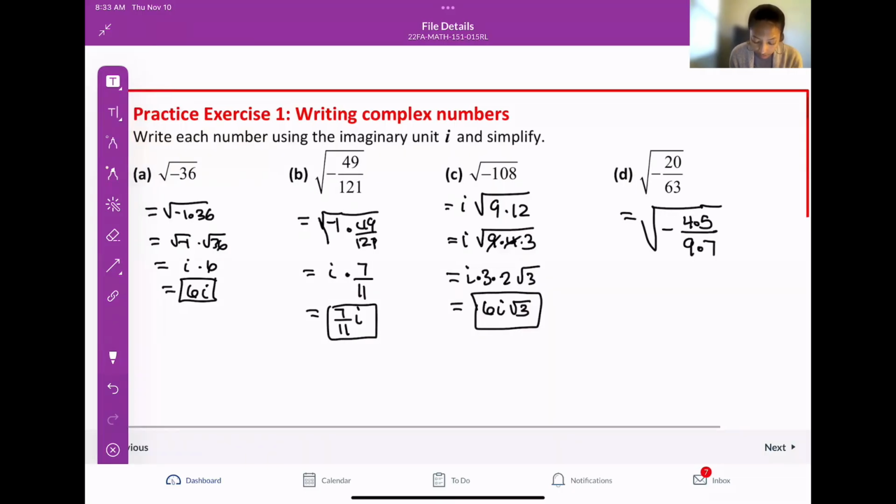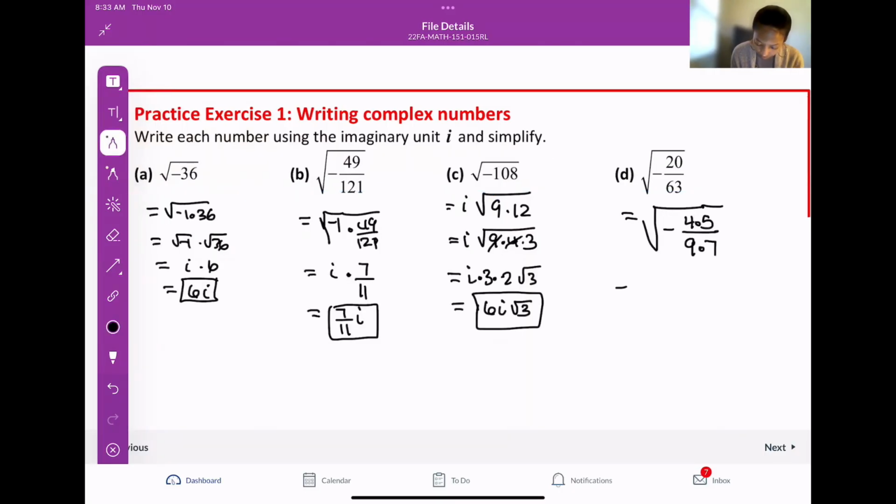And you can think of that negative again as a negative 1. So we're going to get an i because it's a negative. For the 4 over 9, the square root of 4 is 2, and the square root of 9 is 3. So we get i times 2/3, and then we still have the square root of 5 over the square root of 7.